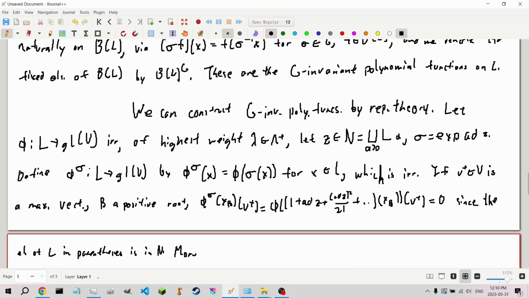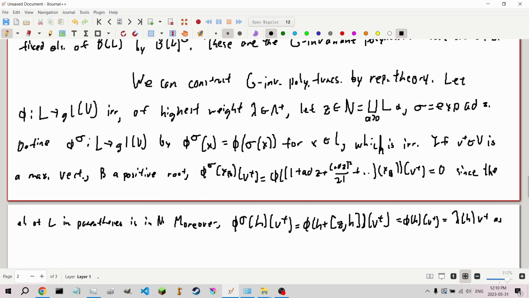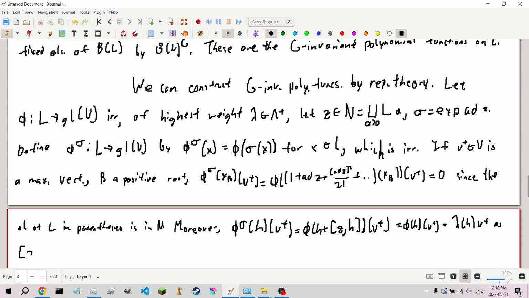Moreover, phi sigma of H of V plus is phi of H plus the bracket of Z plus H on V plus, which is phi of H on V plus, which is lambda of H on V plus, as the bracket of Z on H is in N, and phi of N of V plus is 0.